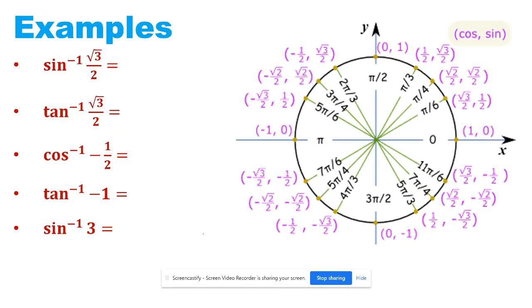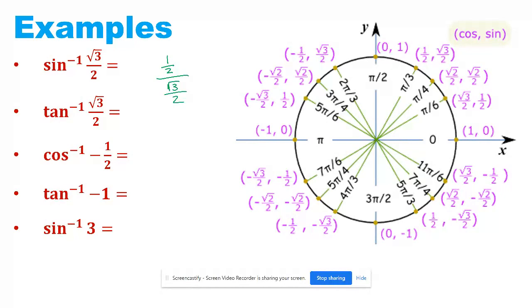And before we actually do the examples, I do want to fill in the tangent values as well. And remember, if we can fill in the first quadrant, then everything else kind of takes care of itself. So remember, tangent is sine over cosine. So let's do the tangent of pi over 6. The sine of pi over 6 is 1/2. The cosine, the x value, is square root of 3 over 2.